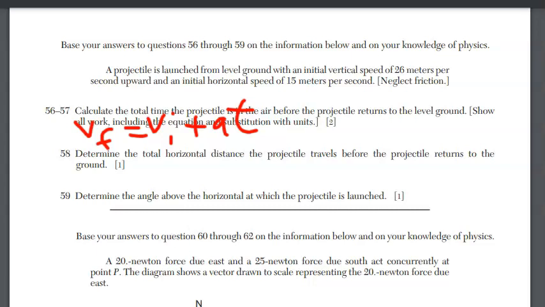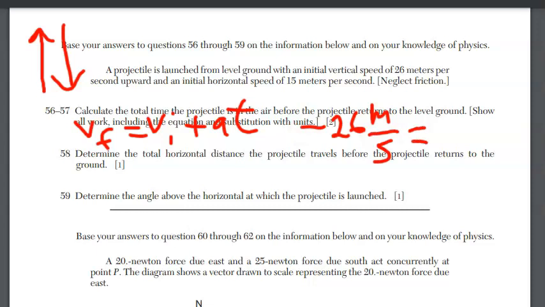Now I'm going to substitute in with units. If I do the entire trip, if I'm going to do up and down because I want to get total time, then my final velocity is going to be 26 meters per second, but it's going to be in the downward or negative direction.